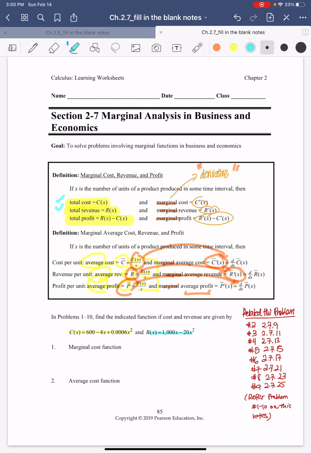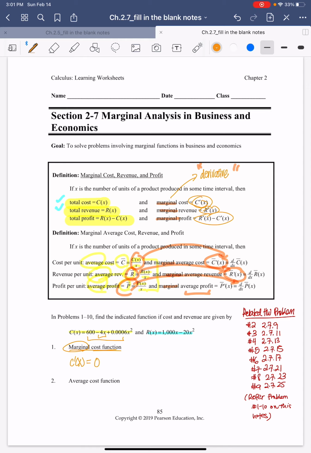I see the word marginal. Marginal means derivative. What are we taking the derivative of? A cost function. So that's just find C prime of x. Marginal, derivative of what? Cost function. Well, I already know the cost function right there, C of x. So that's term by term. 600 becomes 0.